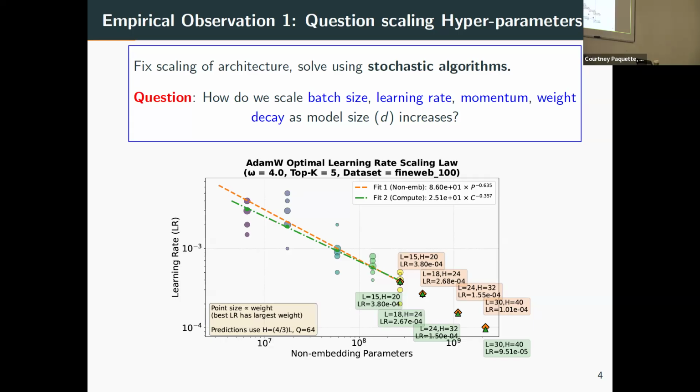So for learning rate, say for AdamW, you run a bunch of tests on the small scales, you get a good idea, you run it at the next smallest scale, etc. You go up, and then you try to fit something to it, a power law, and use that fit to predict the behavior at the very large one.